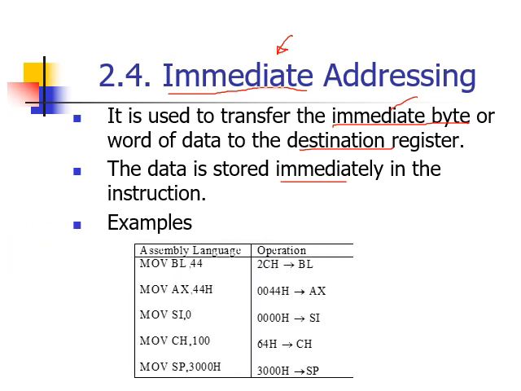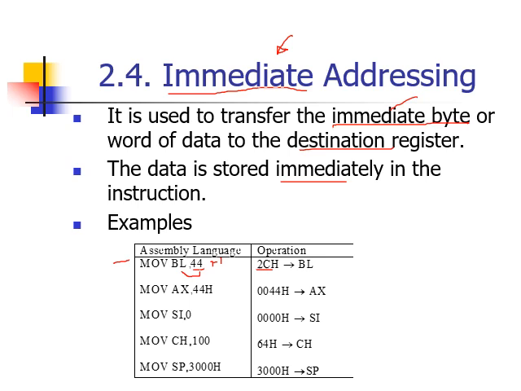Here is an example. Here you're trying to place an immediate value 44 inside BL. If you do not write H after 44, it means this 44 is a decimal number whose hexadecimal equivalent is 2C.